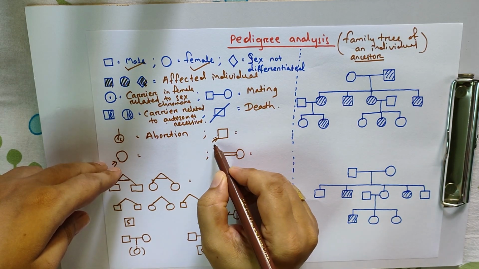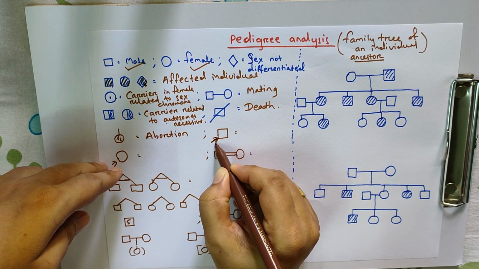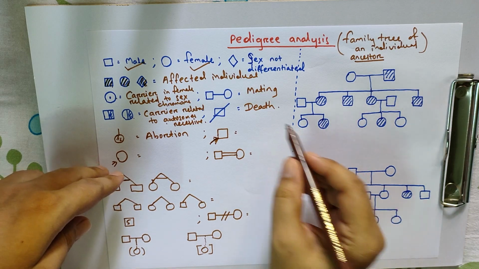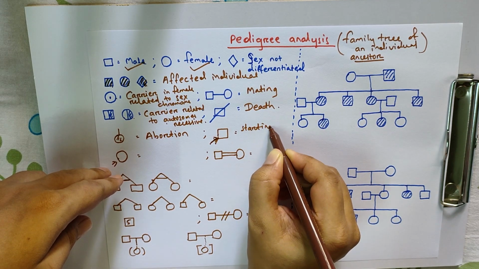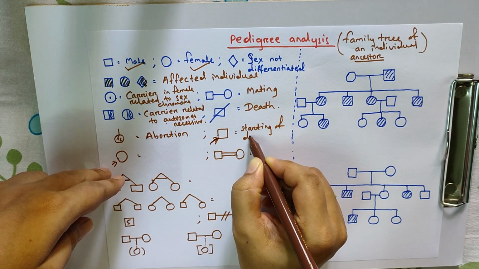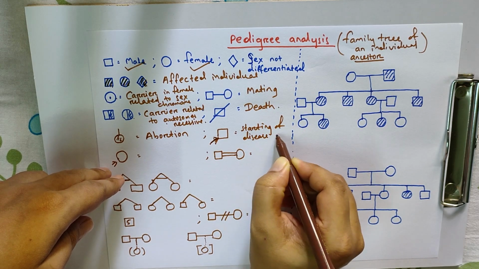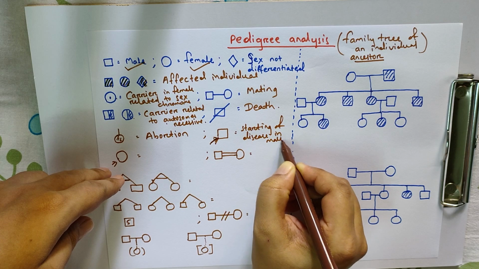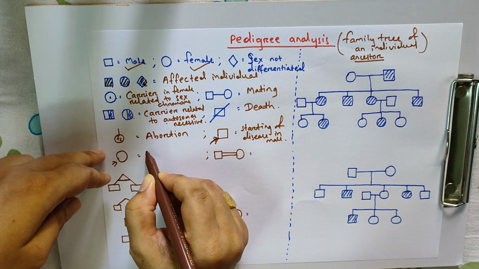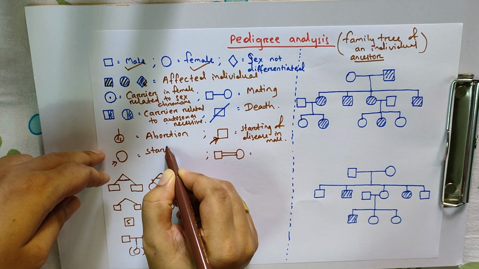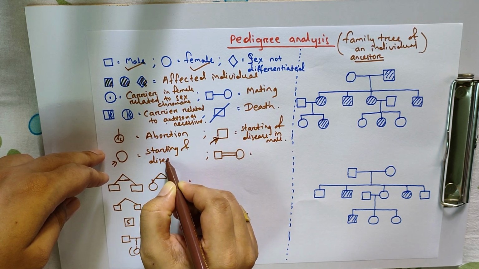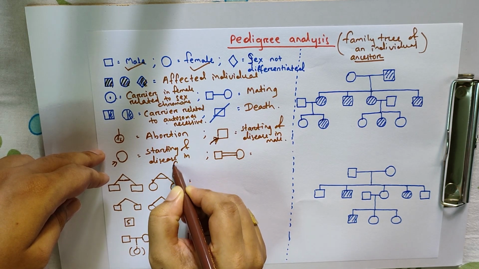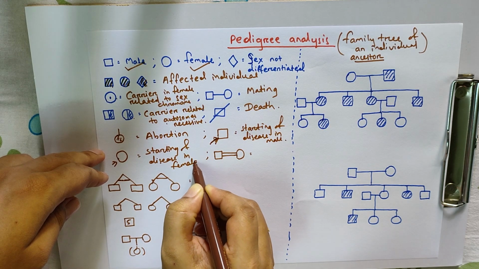This box with an arrow mark determines the starting of the disease in male. This represents the starting in female.